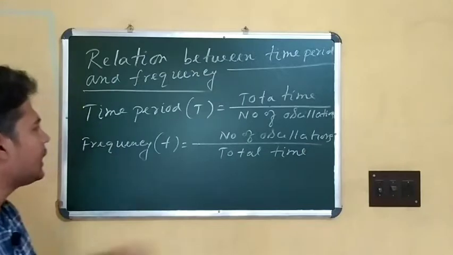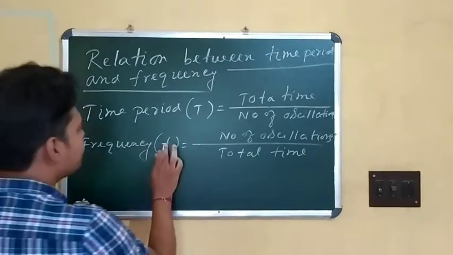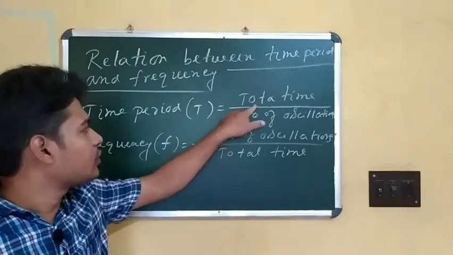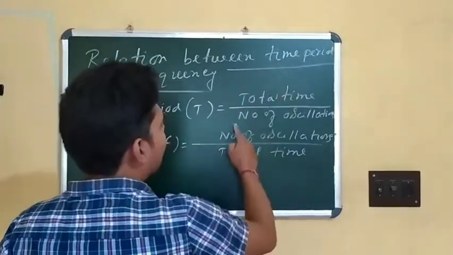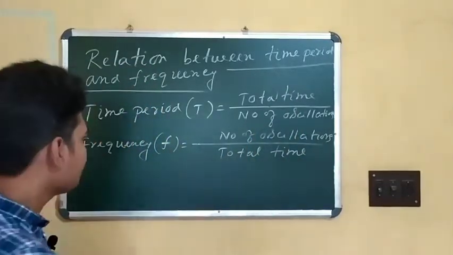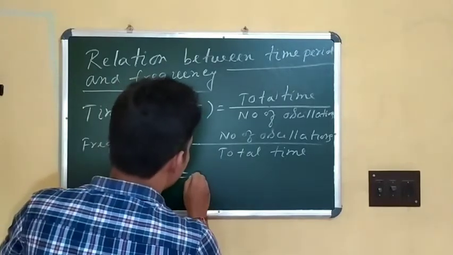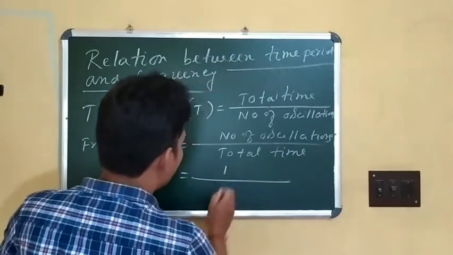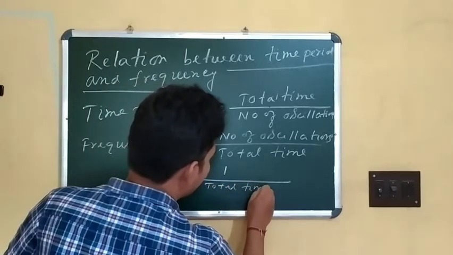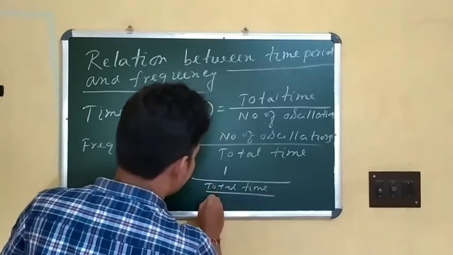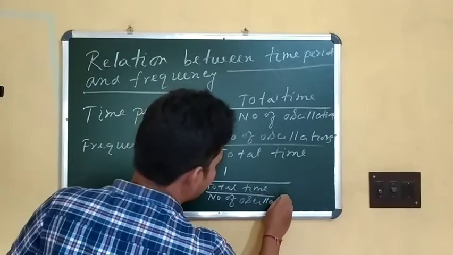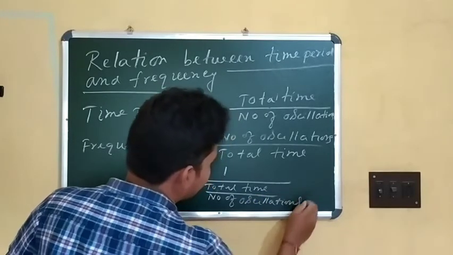So you can see that these two are just reciprocal of each other. Here it is total time by number of oscillations, in frequency number of oscillations by total time. So you can write this such that 1 by total time by number of oscillations.